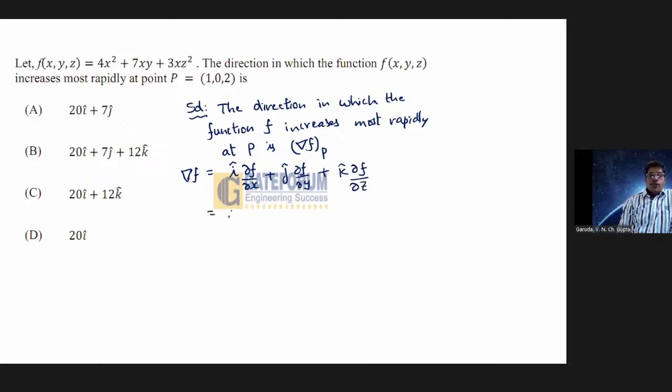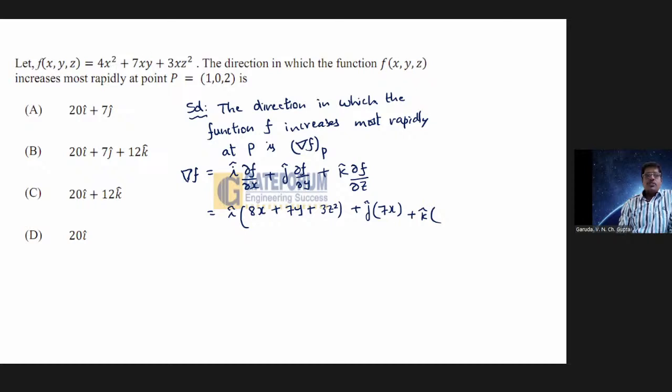So dou f by dou x means the partial derivative with respect to x, which means y, z are constants. 4x square derivative is 8x, plus 7xy with respect to x derivative is 7y, and in 3xz square, 3z square is constant into x derivative 1. So 3z square, plus j cap into dou f by dou y: with respect to y partial derivative means x, z are constants. So 4x square derivative 0, 7xy derivative gives 7x, and 3xz square 0. k cap into dou f by dou z means with respect to z, x and y are constants.